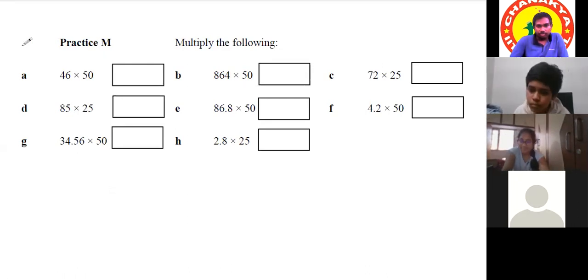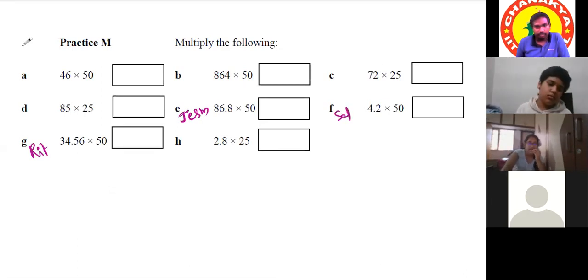From where do we have to start? 57, 557 means E. Jeshmita, right? Yes, sir. Jeshmita. Then G, Ritvik. F, Satvik. C, Shahu also took.